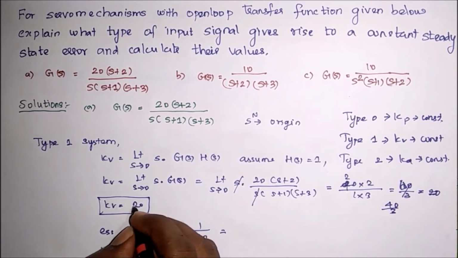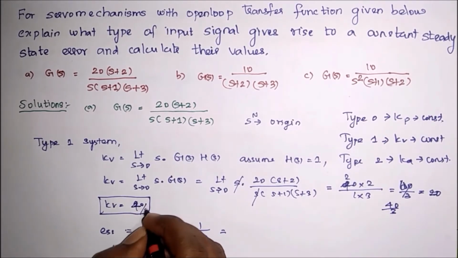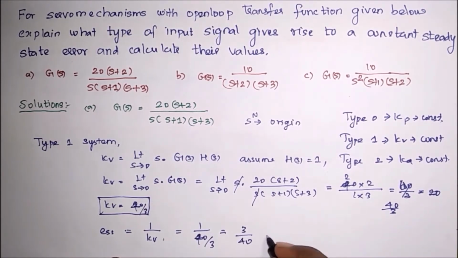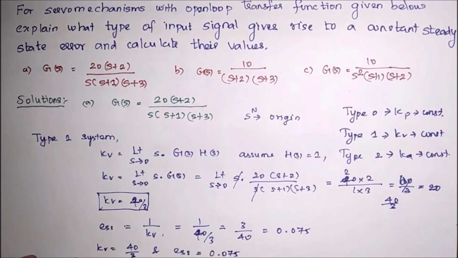So the velocity error constant equals 40 divided by 3, and the steady state error is 3 divided by 40, so we will get 0.075. Finally, velocity error constant equals 40 divided by 3 and steady state error equals 0.075.